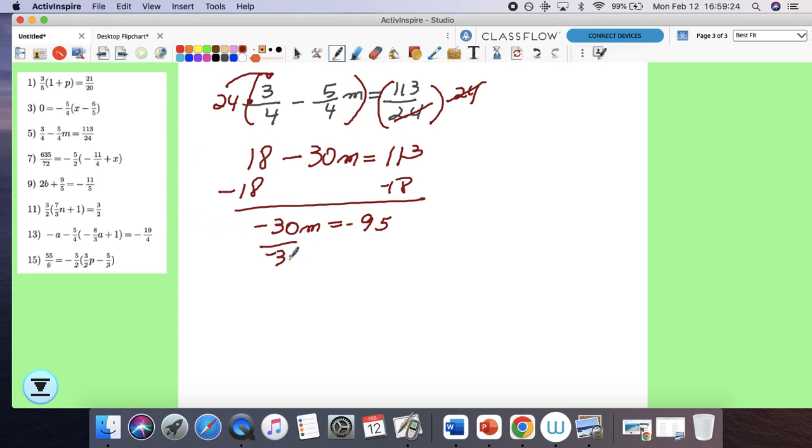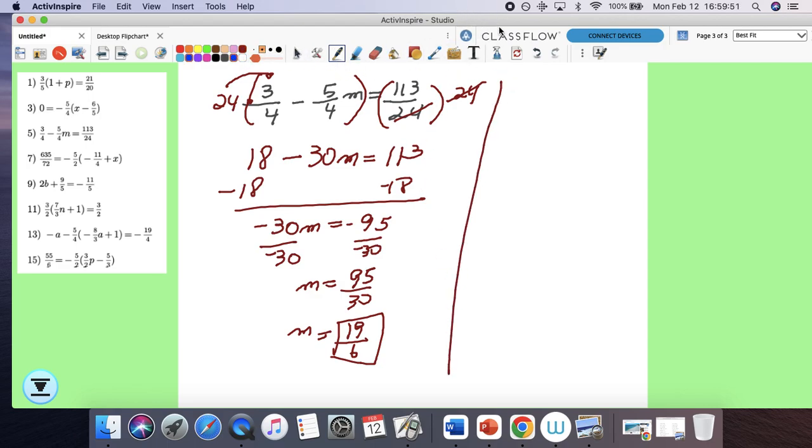Divide this by negative 30, divide this by negative 30. M is going to be 95 over 30. Let's simplify this a little bit more. Let's divide that by 5. Let's see what we get. We're going to get 19 over here, and then 30 divided by 5. So simplified answer, 19 over 6.